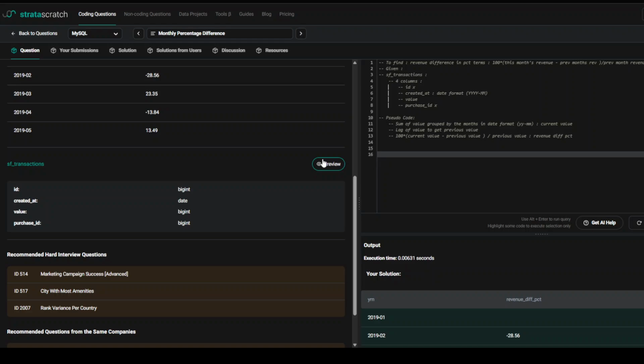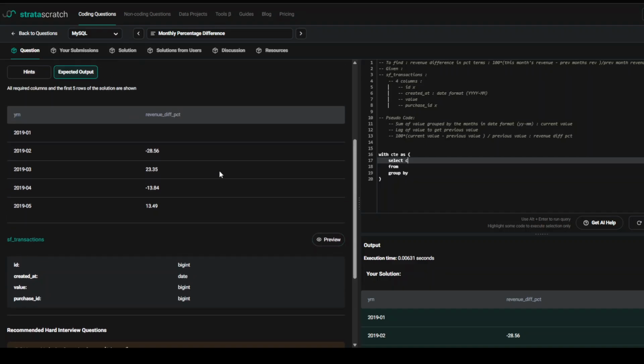Now let's start coding it. We can first create a CTE. When we first create a CTE, let's just write select from. We don't really need a where here, but we would need a group by. Let's write created_at, but created_at needs a date format function.